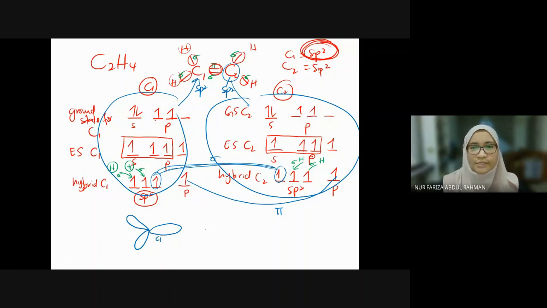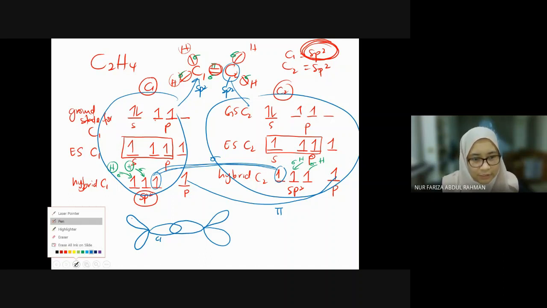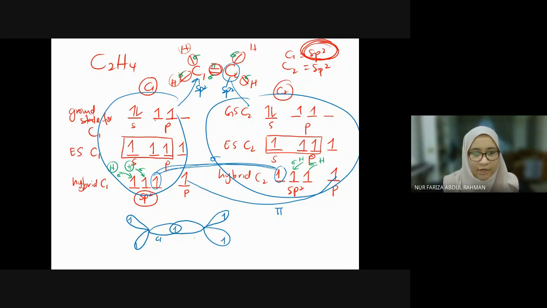For C2, do it the same way but make sure it overlaps there. But you are representing the Lewis structure, so the bond must show overlap. Prefer the Lewis structure too. Okay. Patience. You need this electron and don't forget this electron also. C1 and C2, so this is C2. Let's erase and use another color to show.